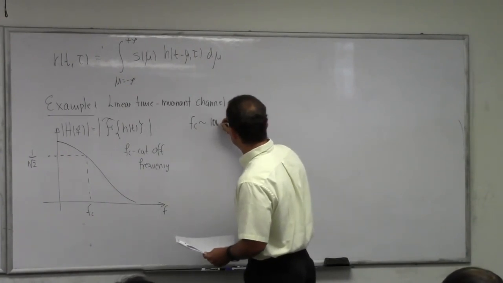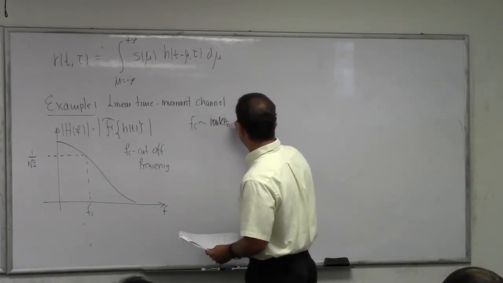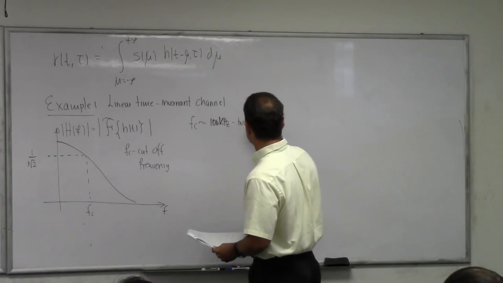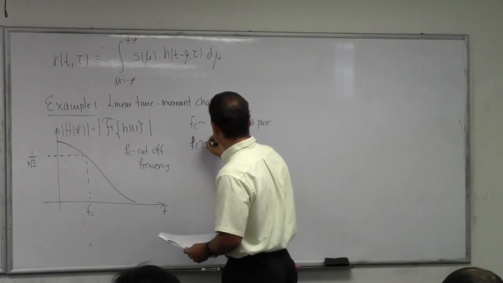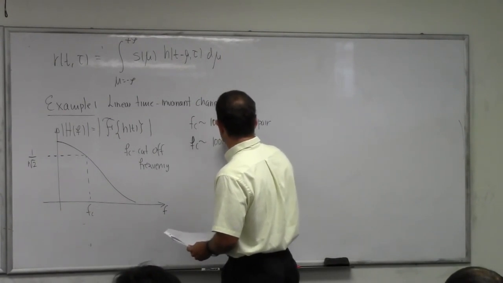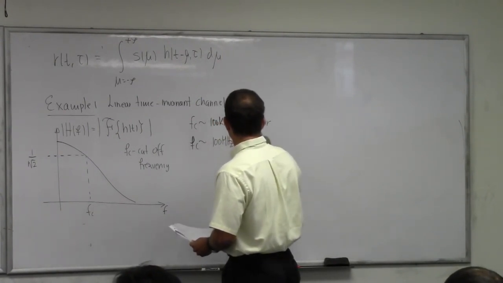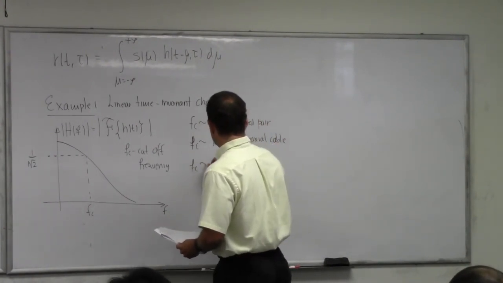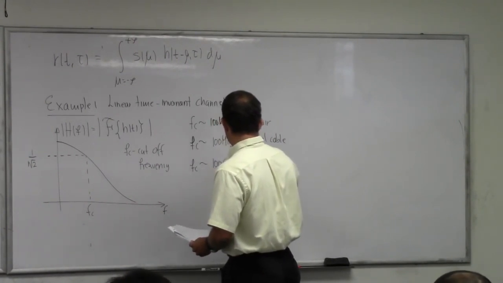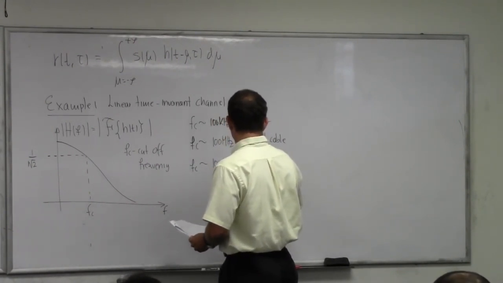FC is around 100 kilohertz for twisted pair. FC is up to 100 megahertz for coaxial cable. And can be, let's say, up to 100 gigahertz for waveguide.